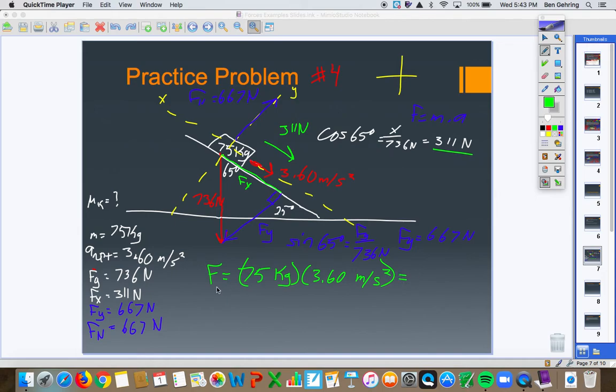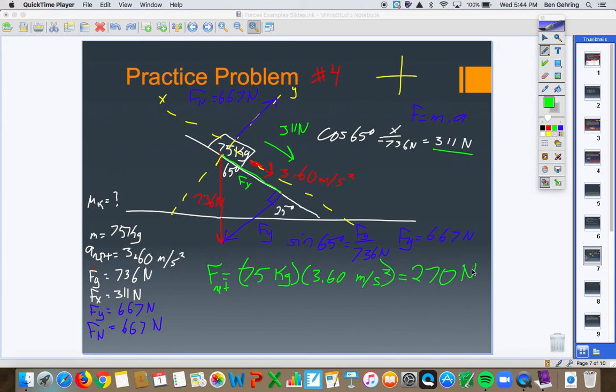My net force, if I take 75 times 3.60, I'm going to get a value of 270 newtons down this plane. So I get 270 here.